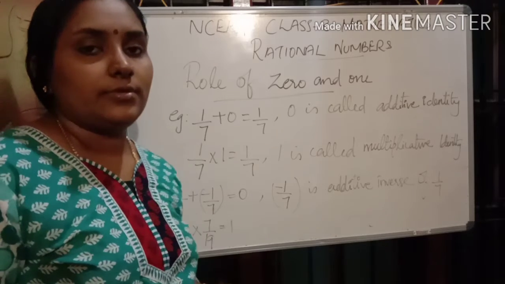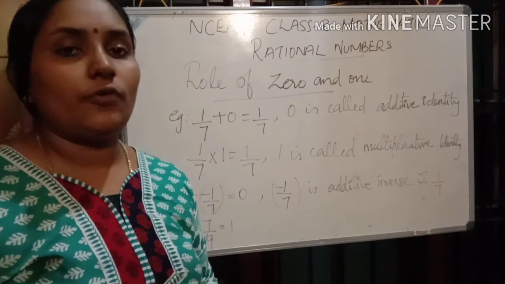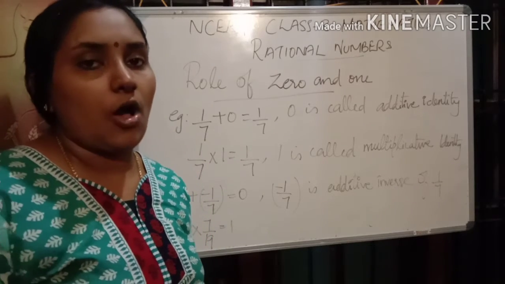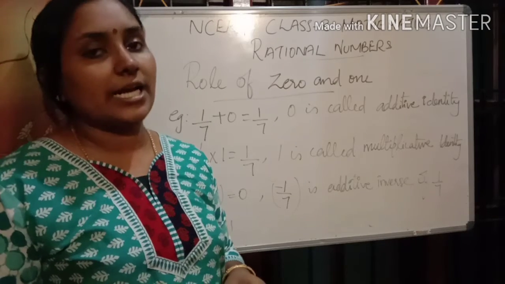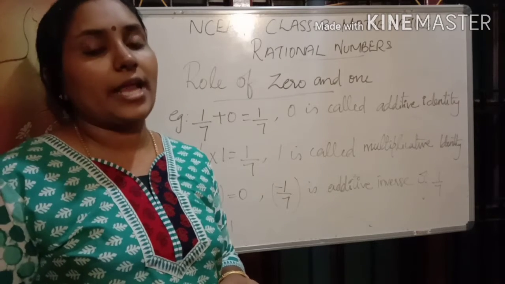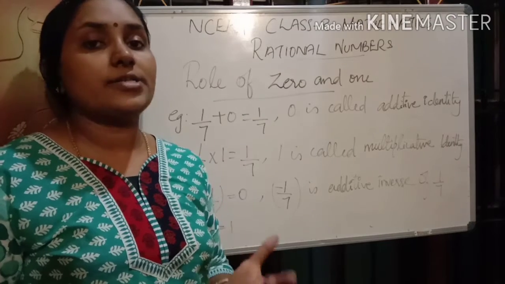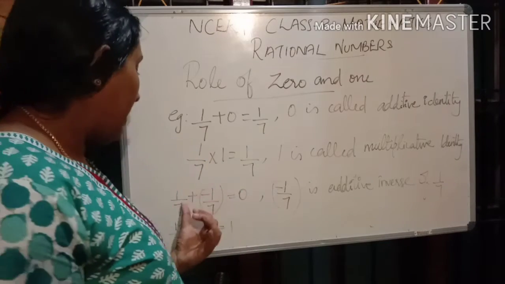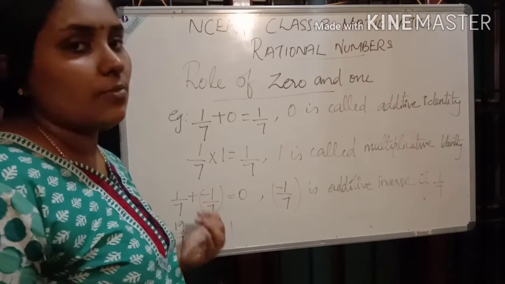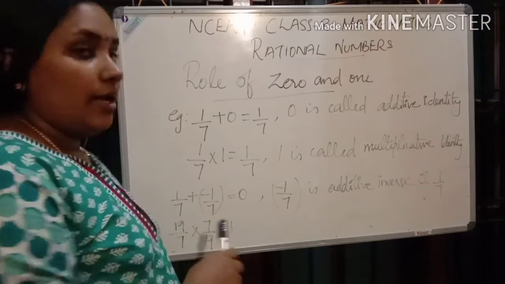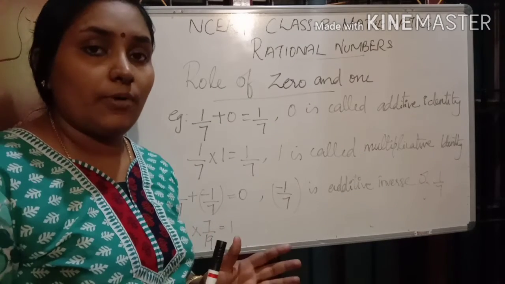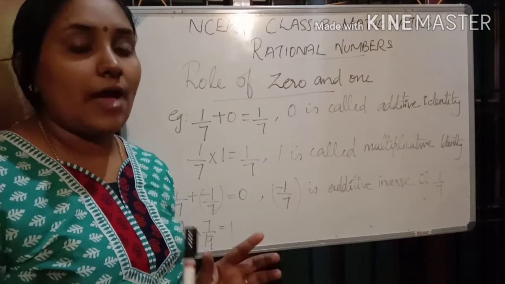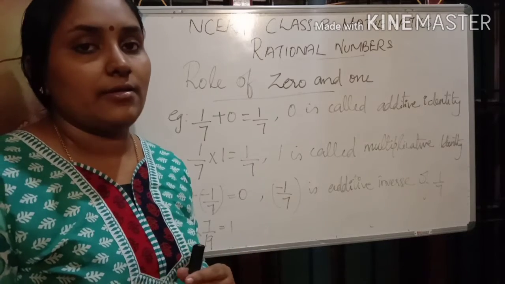Yes. See, if we have to find out the additive inverse of a rational number, here 1 by 7 is the rational number. So we have to find out the additive inverse of 1 by 7: 1 by 7 plus minus 1 by 7. See, the additive inverse and the rational number, while adding each other, we have to get 0 as the answer.